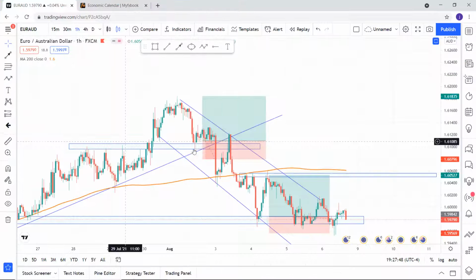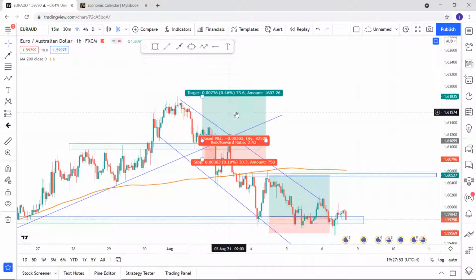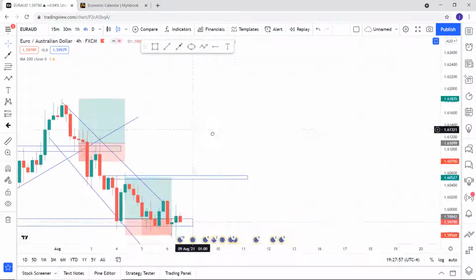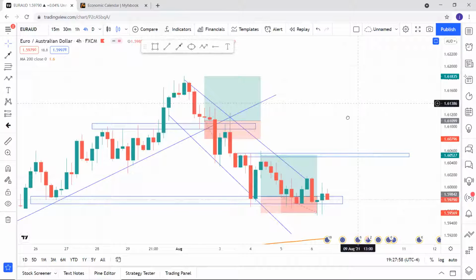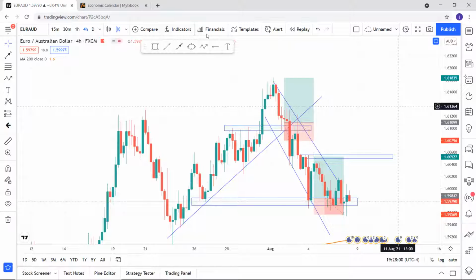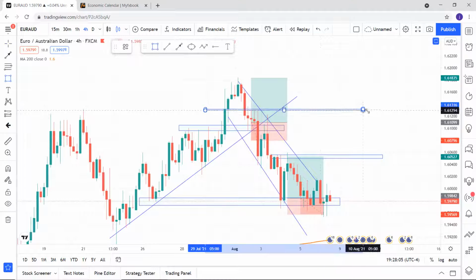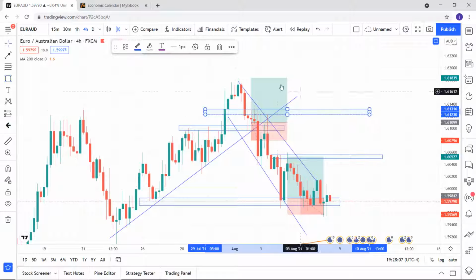So we did have that push above, right? Price came, we would have entered. But if you look on the 4-hour, this is what we had on the 4-hour chart. As price was moving along, we had some sort of resistance right here.